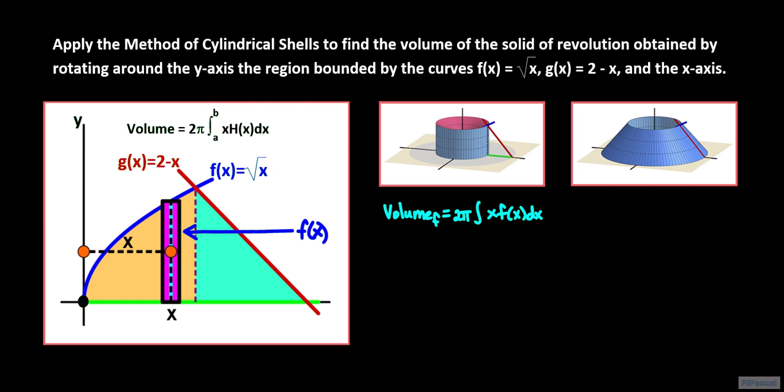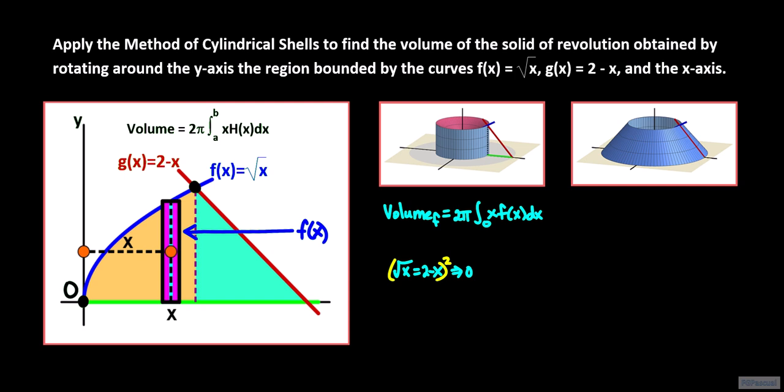The leftmost point of region R is at the origin where x equals 0, and so the lower limit of integration for volume sub f is 0. The upper limit is the x-coordinate at the intersection between f and g. To find this, we set the square root of x equal to 2 minus x. We square both sides and put all the quantities on the right side.